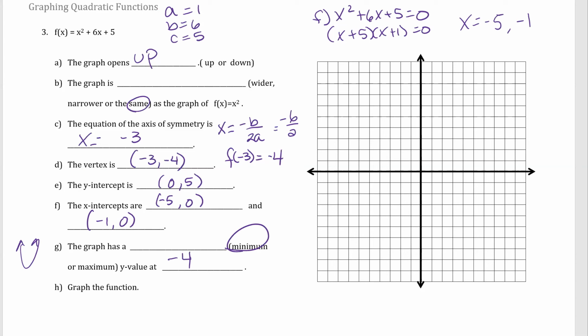We have all the components. Let's graph. There you have it.